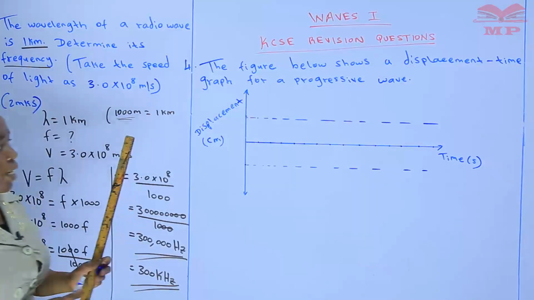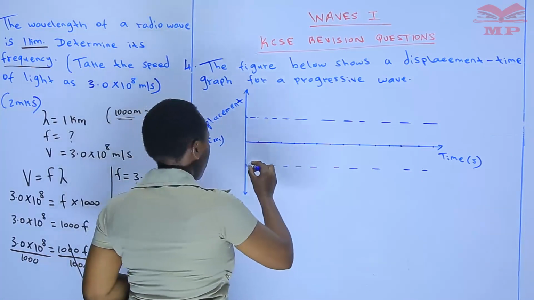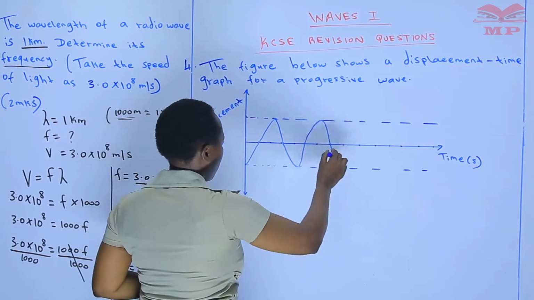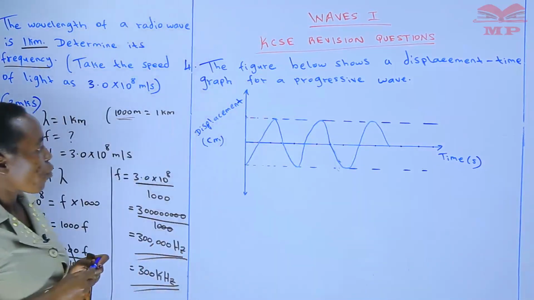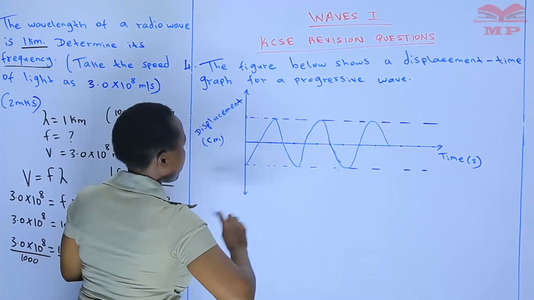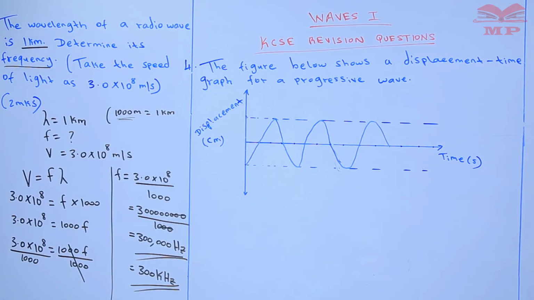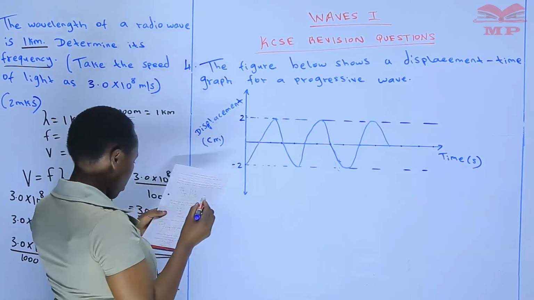So that is to guide us so that we can have the same amplitude. So we have it this way. So that is our wave. And we have this is 2, this is -2.